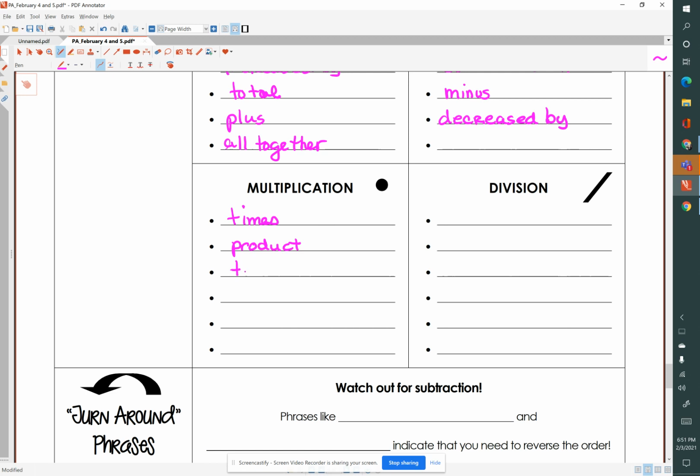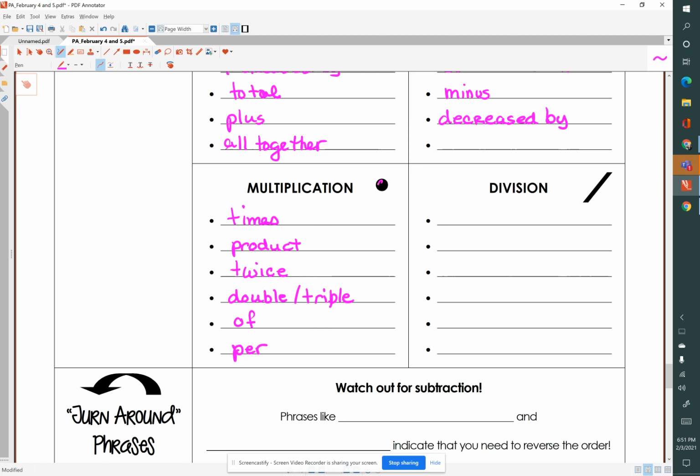We might double something, so we would have twice the amount. As I said, we can double something. We can also triple something, get 3 times the amount. We might use the word of or per. You might see those terms in a word problem.